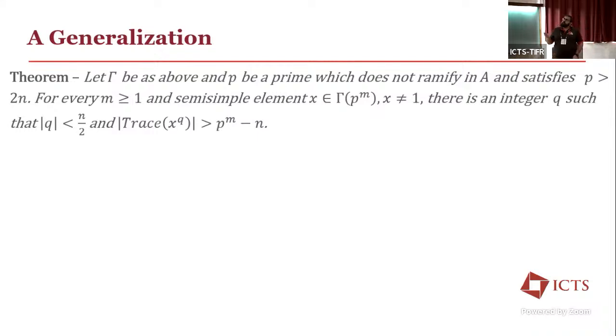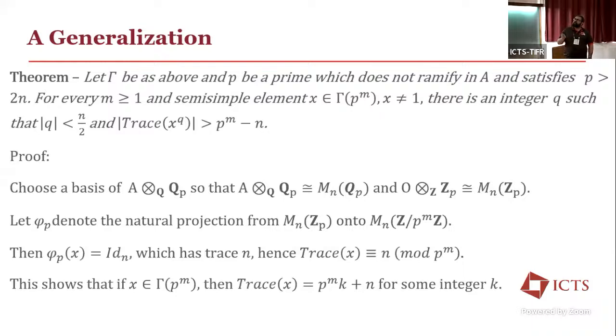All right. So here's the proof. Choose bases so that locally everything is just matrices. Remember, p doesn't ramify, so locally we do get just the full matrix algebra. So phi of p is going to be the projection from M_n(Z_p), our maximal order, onto M_n(Z mod p^m). Well, the definition of a congruence subgroup is that it projects to the identity.